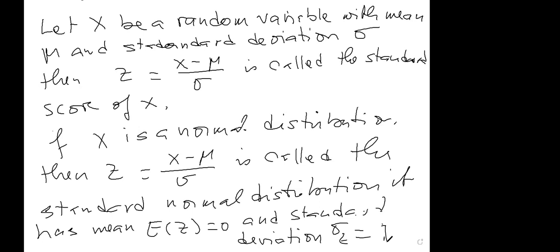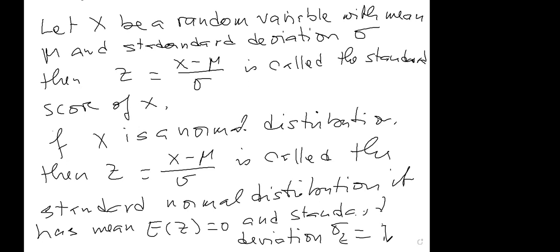X is a random variable with mean mu and standard deviation sigma. We can standardize x as z equal to x minus mu over sigma. I can write this again as 1 over sigma times x minus mu. So I will think about this z as a linear transformation ax plus b, where a is equal to 1 over sigma and b is minus mu over sigma.